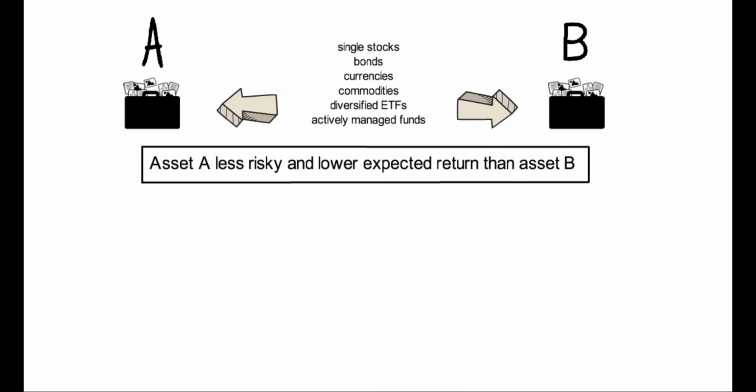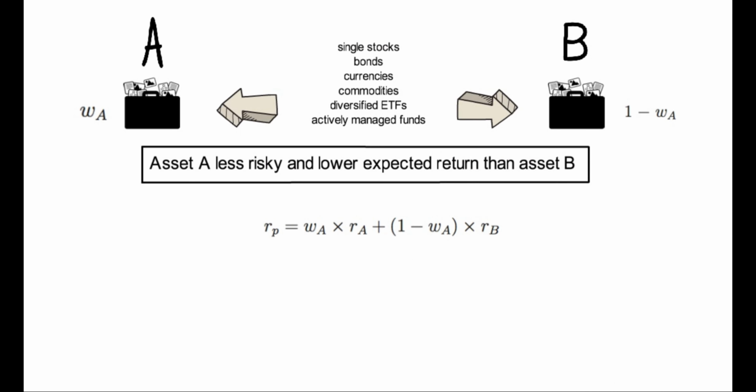Asset A is less risky and pays a lower expected return than asset B. Now assume we invest WA, which is between 0 and 1, into asset A and 1 minus WA into asset B. The resulting portfolio return RP equals the following.